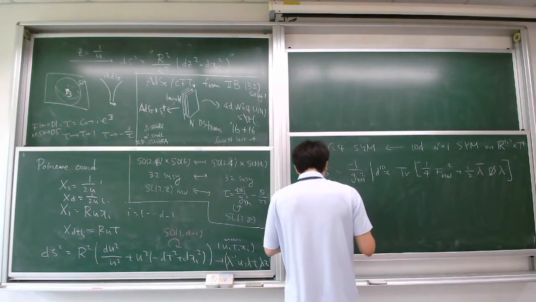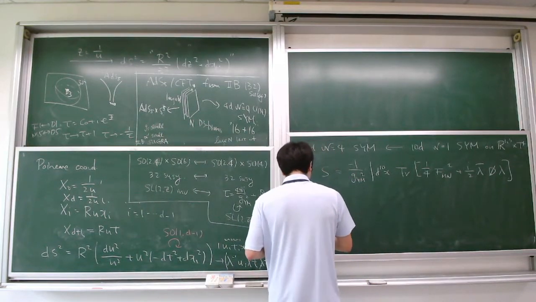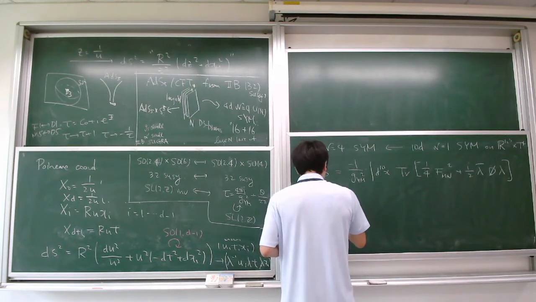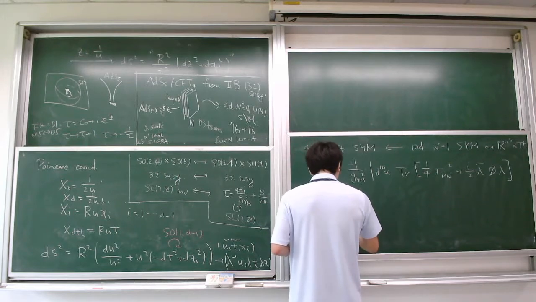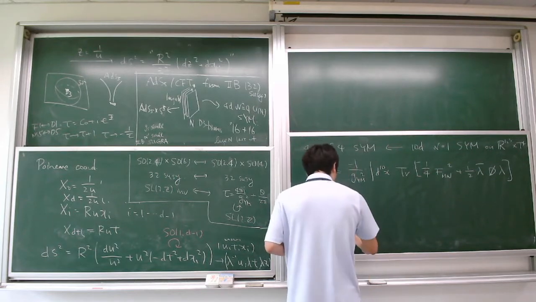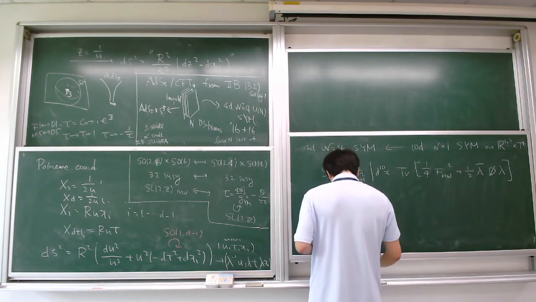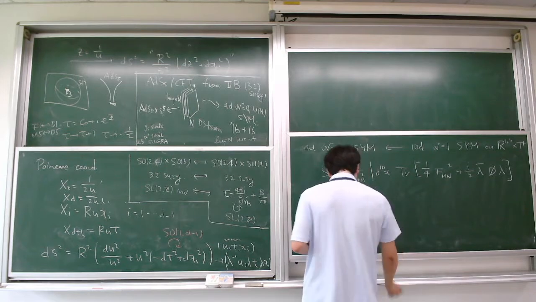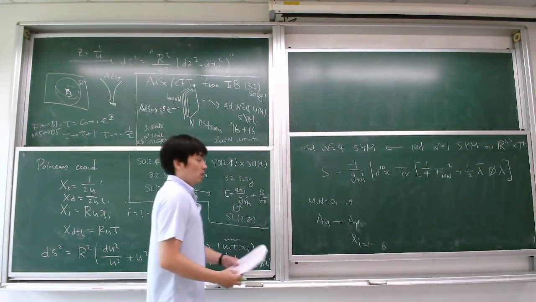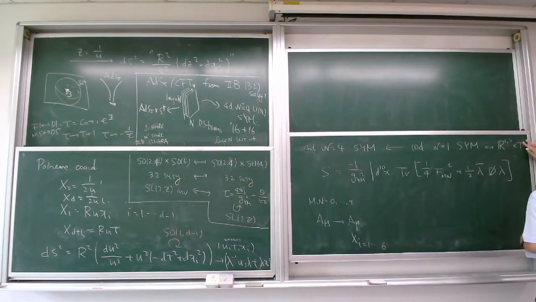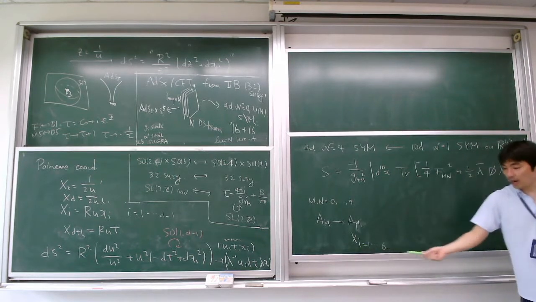Then we just decompose as follows. So M and N run from 0 to 9, mu and nu, and the index I runs from 1 to 6.